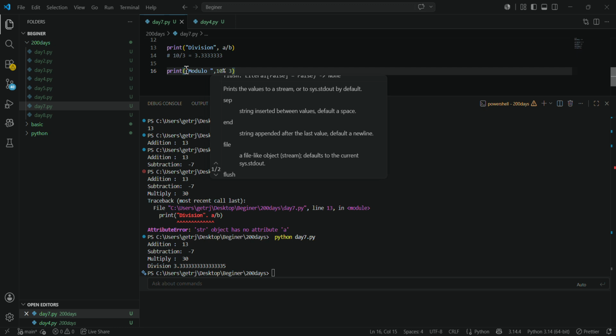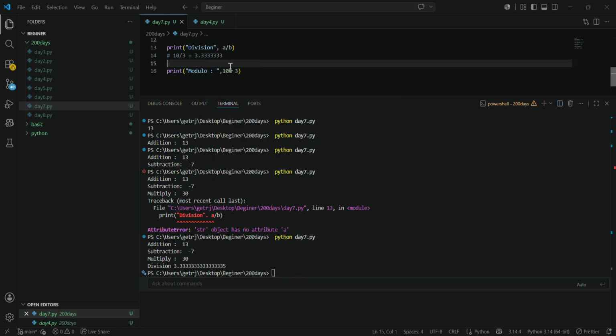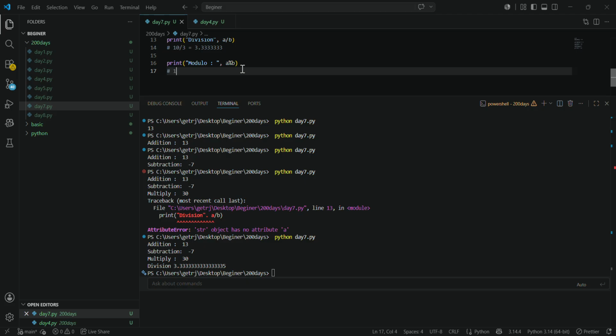The output is a modulo b, 10 modulo 3... No, I did it wrong, sorry. The output is 1 basically.